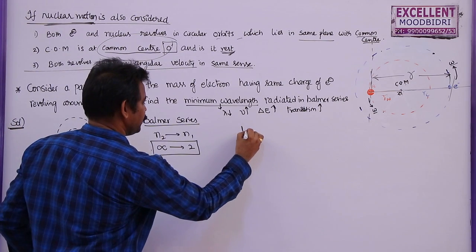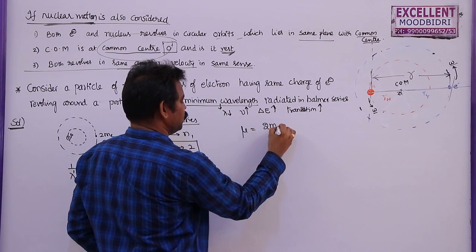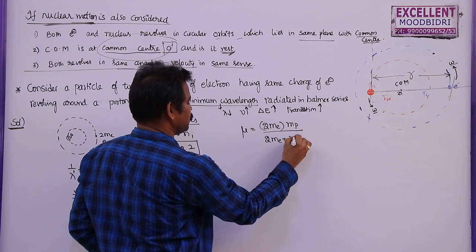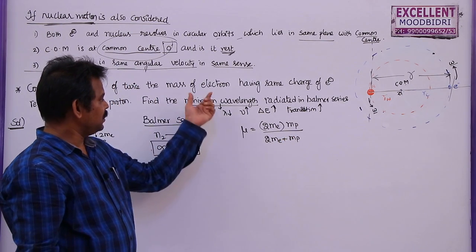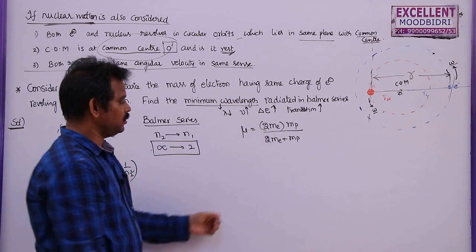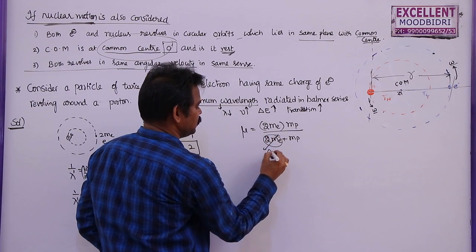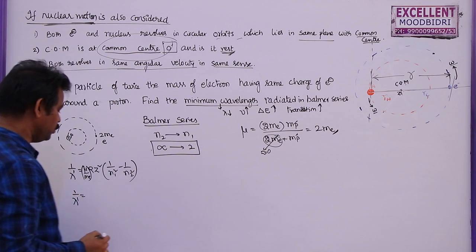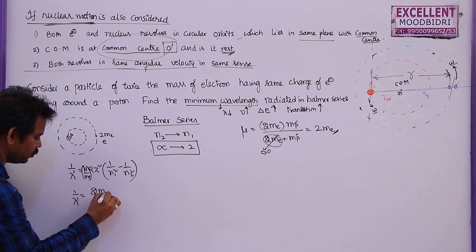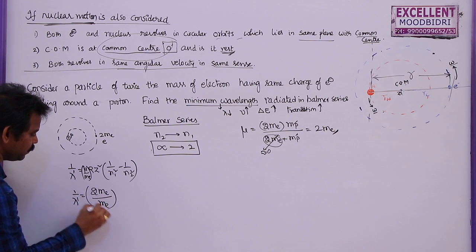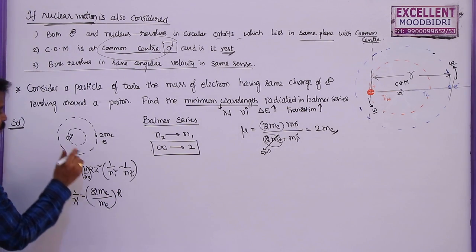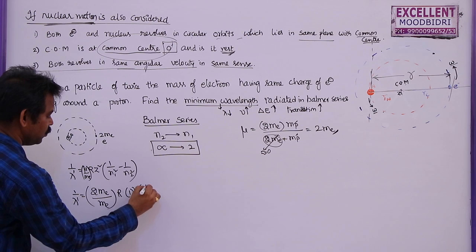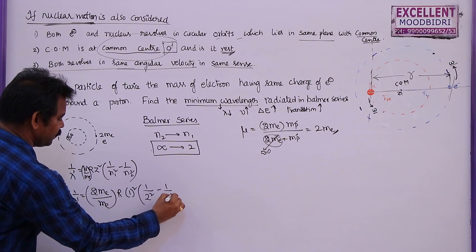Mu is given by mass of that particle 2me times mass of proton mp, by mass of the particle plus mass of the proton. Here mass of the electron is very small, so this can be neglected, and the mp cancels, so this becomes 2me. So I substitute mu is equal to 2me, by me, into r into z, here we have only one proton in the nucleus, so z is equal to 1, into 1 by 2 square minus 1 by infinite square.